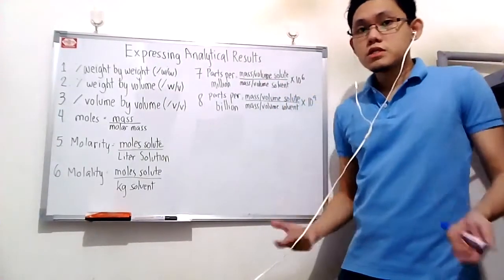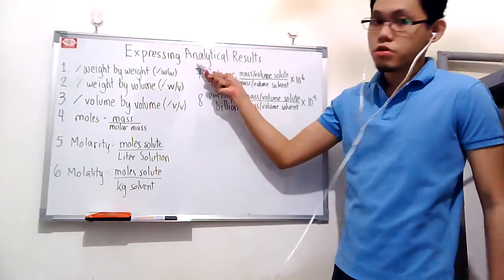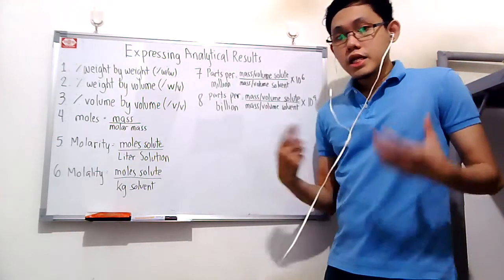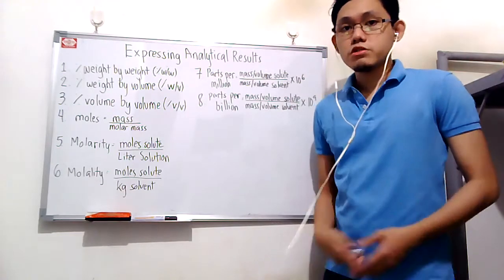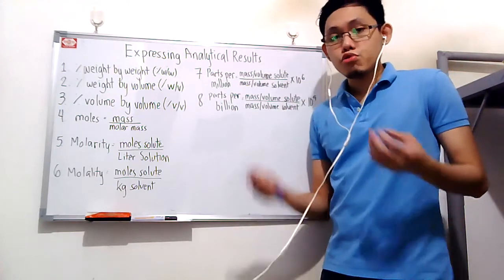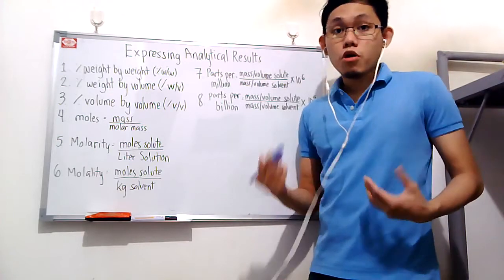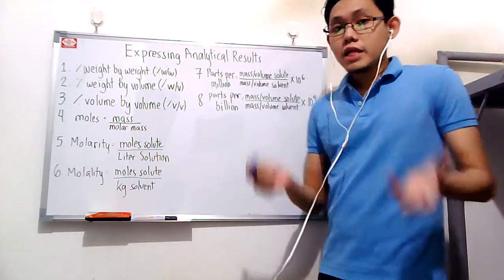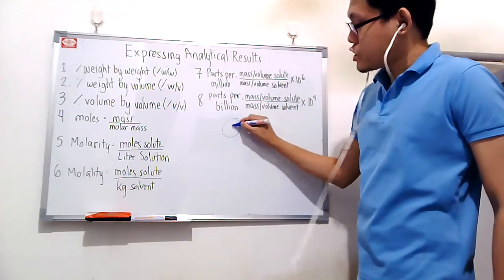Okay, so in this lecture, we will discuss expressing analytical results. In analytical chemistry, which is called a measurement science, more often than not you are measuring something called your analyte, and your analyte is usually a portion of a larger sample.